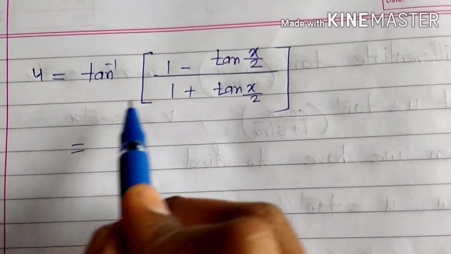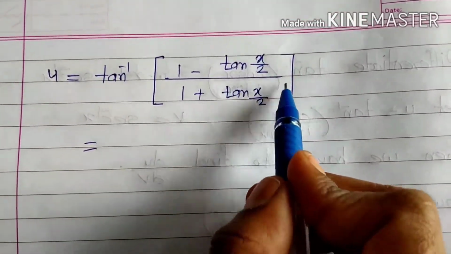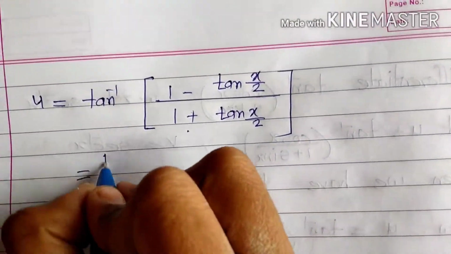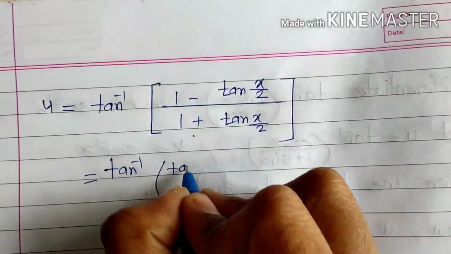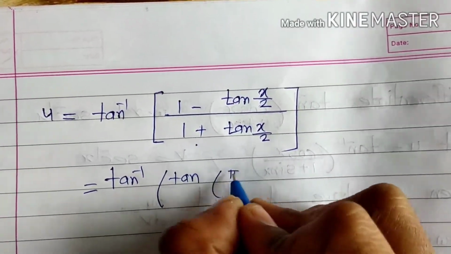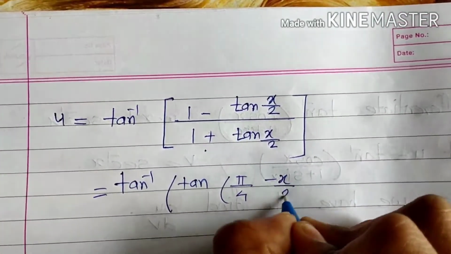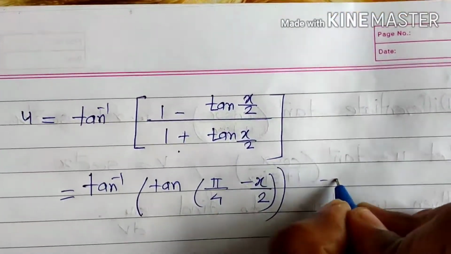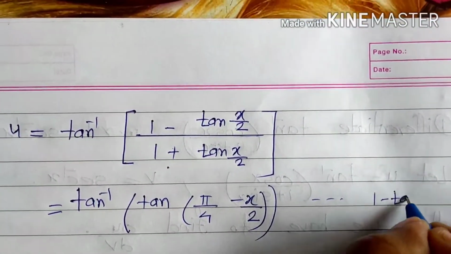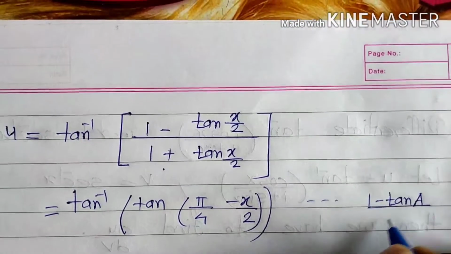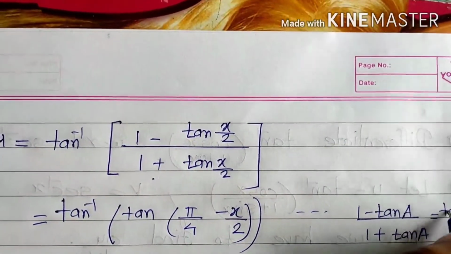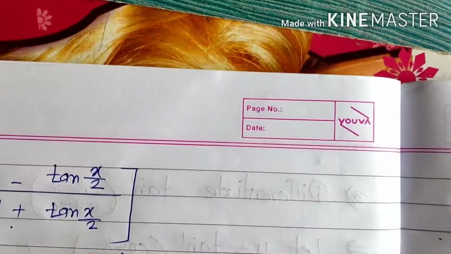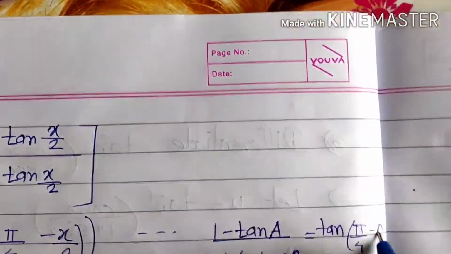So we get u is equal to tan inverse of (1 minus tan x upon 2 upon 1 plus tan x upon 2). Now using the formula, what is the formula? 1 minus tan a upon 1 plus tan a is equal to tan of (pi by 4 minus a).